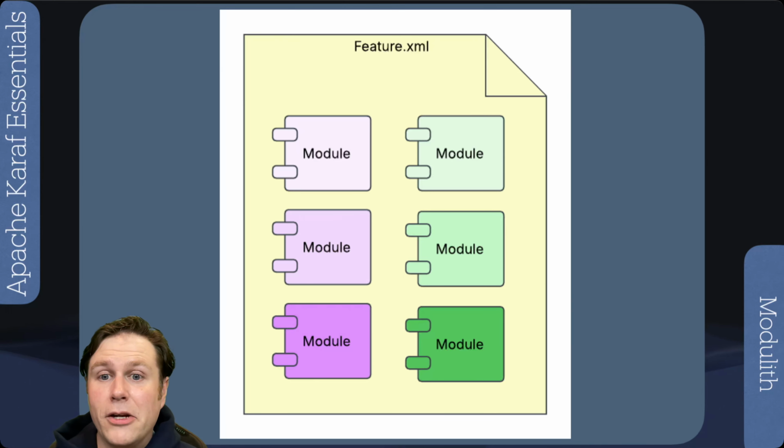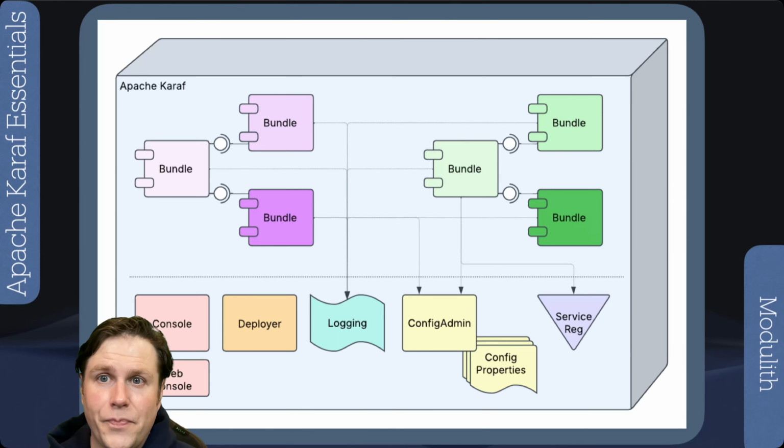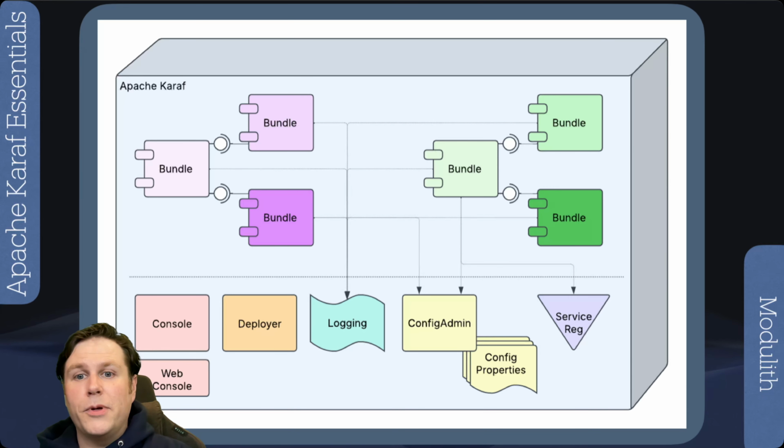Think of that as being, here is my blueprint, my assembly list for all of my modules. I want to bring in this particular set, and when these configurations and these modules are put together at runtime, that equals my application.